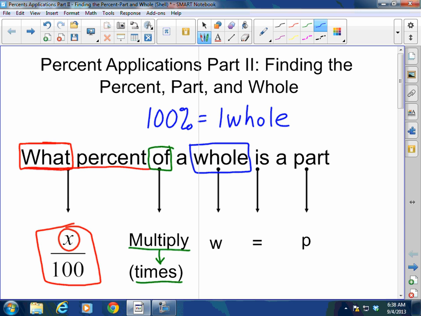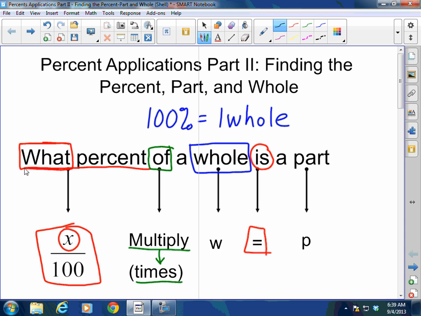So let's go from the beginning. What percent, we're talking about x over 100, of times a whole, which we're going to call w, we don't know what the whole is yet, is, and is means equals. So what percent, x over 100, of times a whole, w, is equals a part.